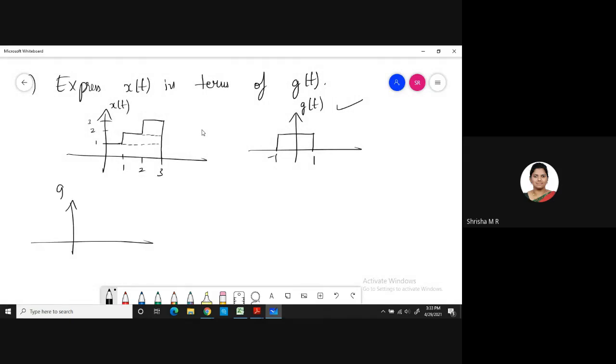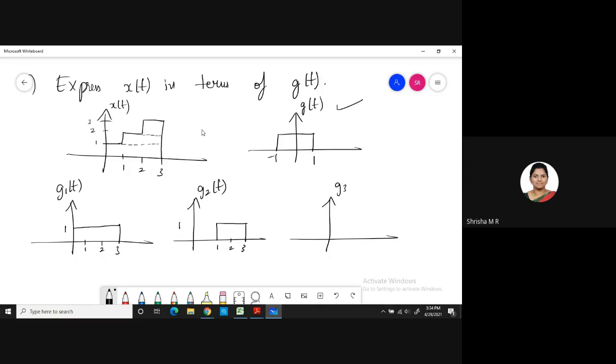So g1 of t is a signal from 0 to 3 with an amplitude 1, and g2 of t is a signal existing from 1 to 3 with an amplitude 1. And g3 of t is a signal existing from 2 to 3 with an amplitude 1.